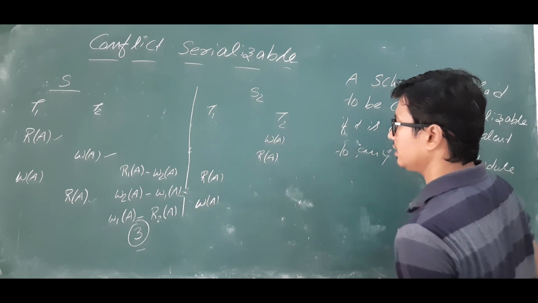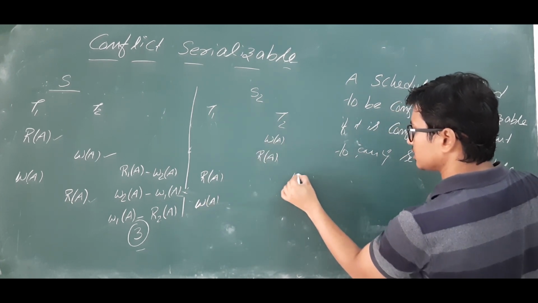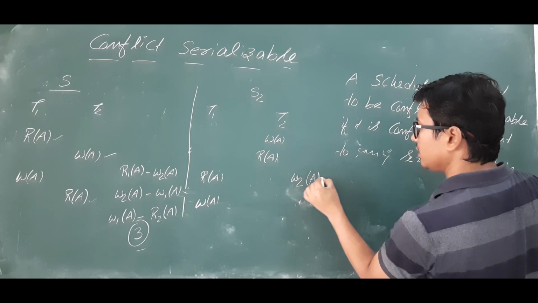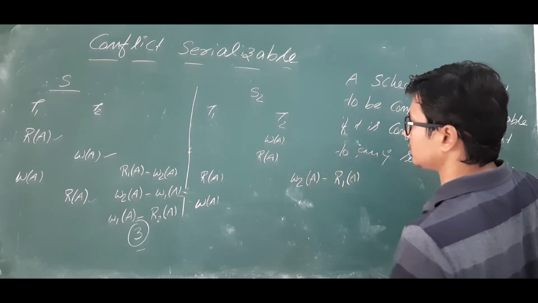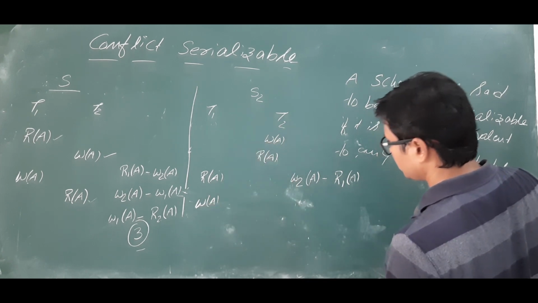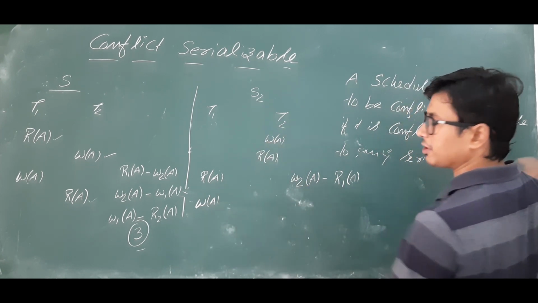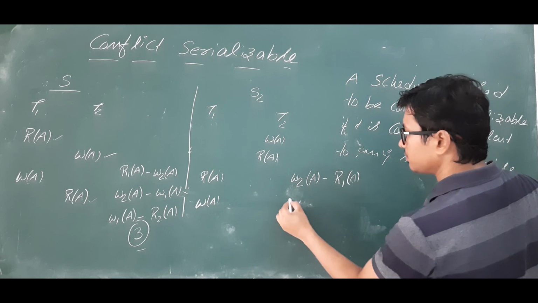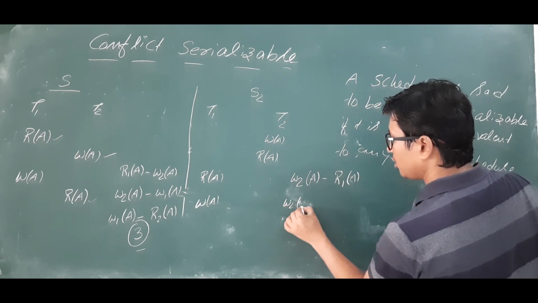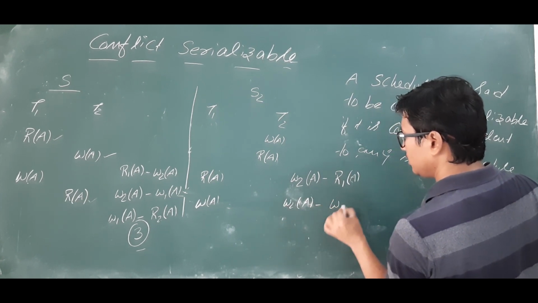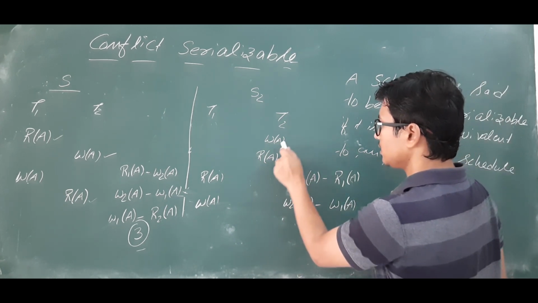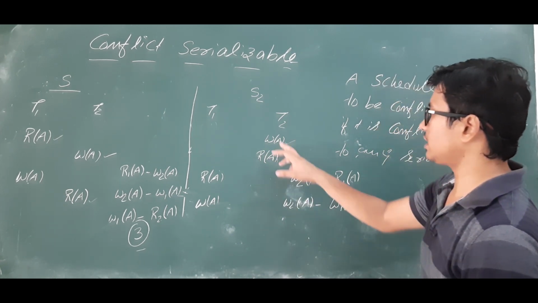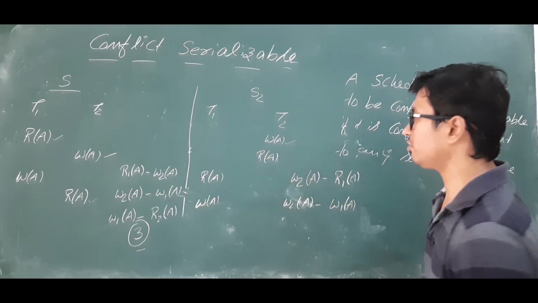Write A, read A is a conflict operation. So W2 of A, then R1 of A. Now W and W is a conflict operation because they are performed on the same data item. So W2 of A, then W1 of A. Is it clear?